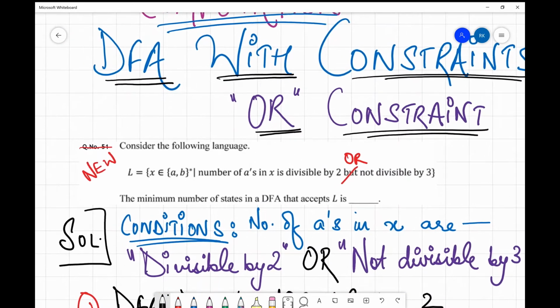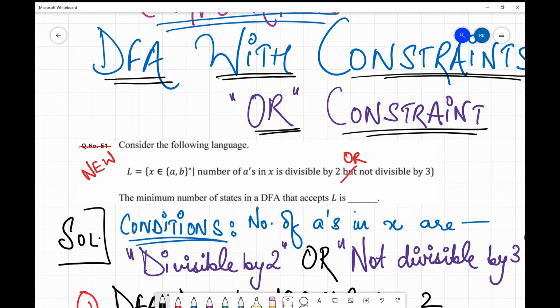So over here we have the same question number 51 from that GATE 2020 set which I downloaded from the IIT Delhi website. You can have a look at the same question paper. So it says, consider the following language: L equals X, where X belongs to {A, B} star.